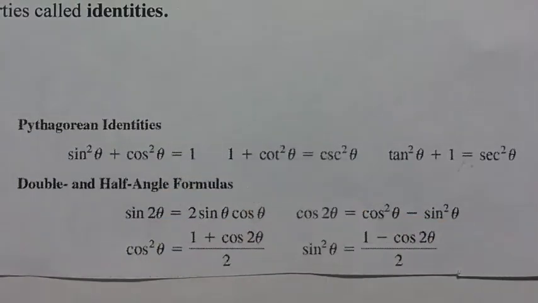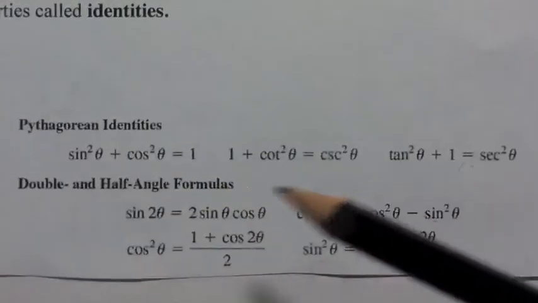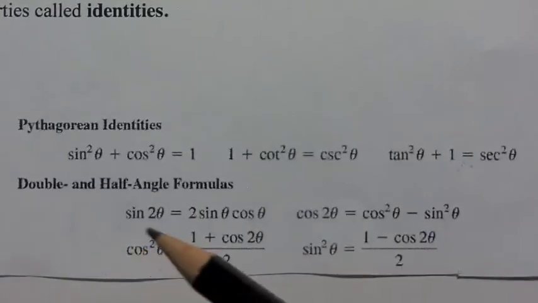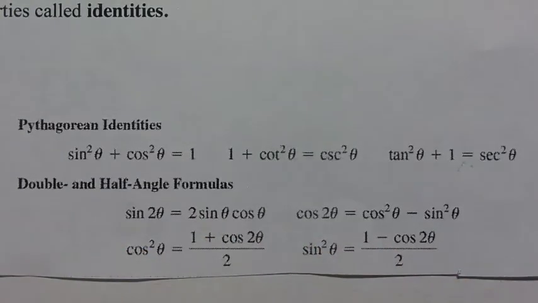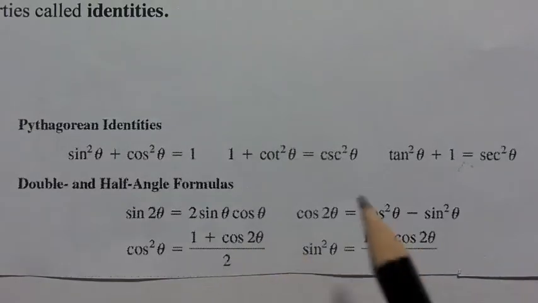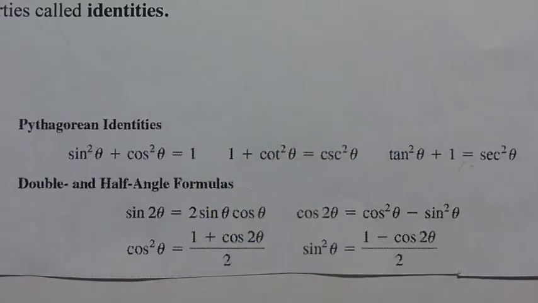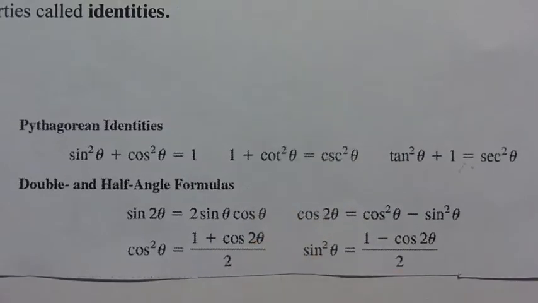These 4 identities, here are the double angle identities, and there's a half angle, I believe that's what it's called. These identities are very important, especially in Cal 2. You'll see these a lot in Cal 2, especially these half angles.